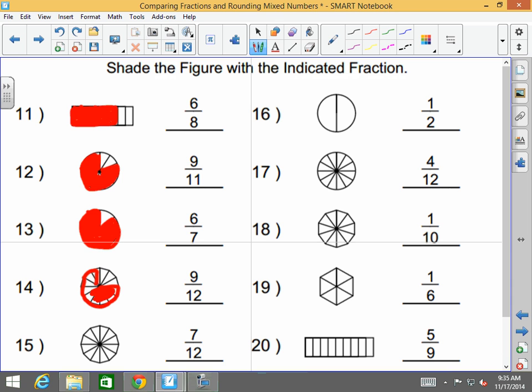So I shade 9 of these out of 12. 7 twelfths. Okay, I'm going to shade 7 out of these 12 because 7 is the numerator. So I've got 1, 2, 3, 4, 5, 6, 7. 7 out of 12. So 5 will be left over.